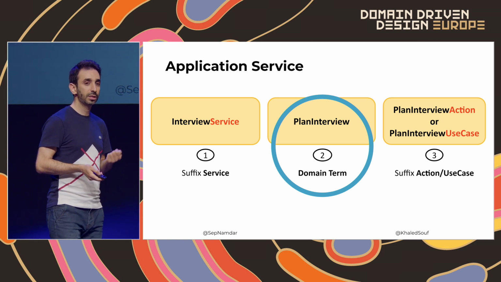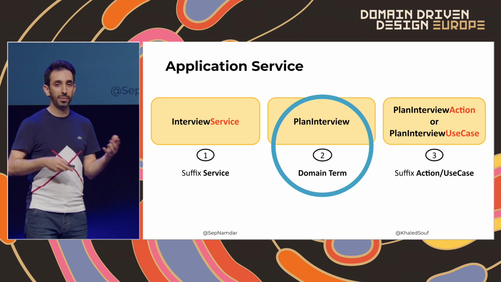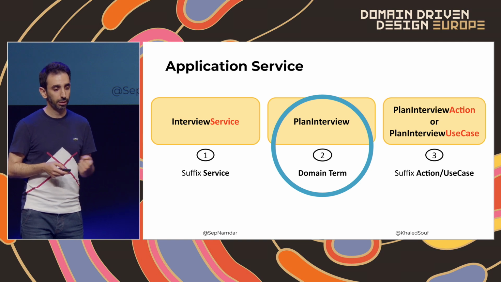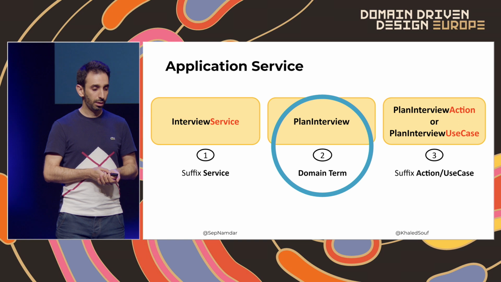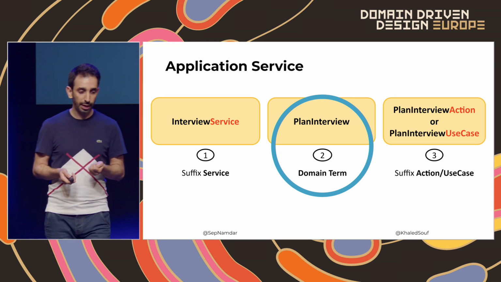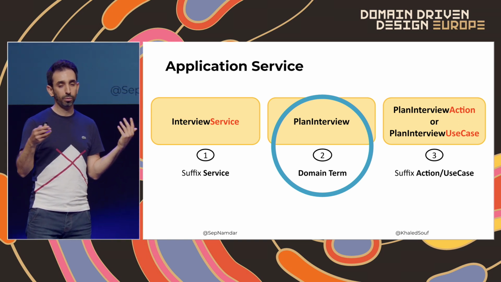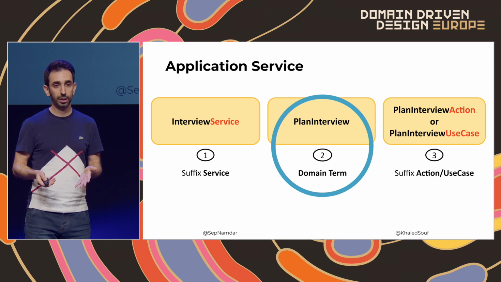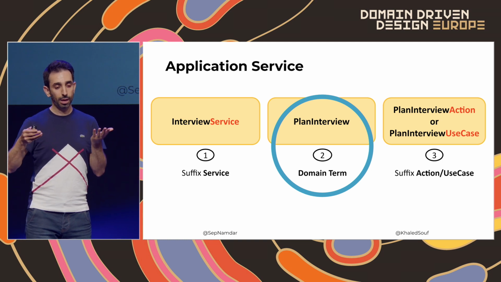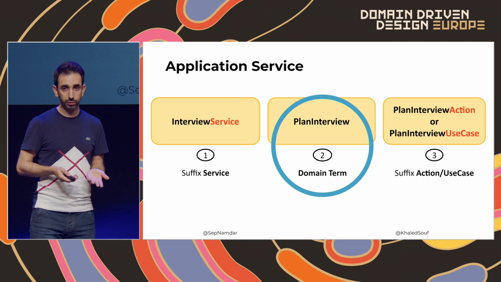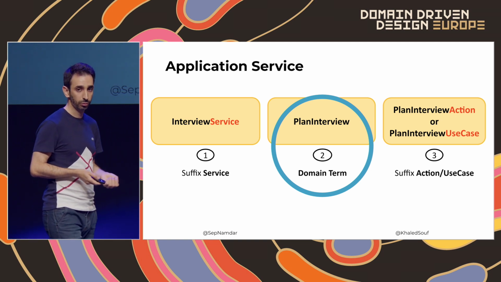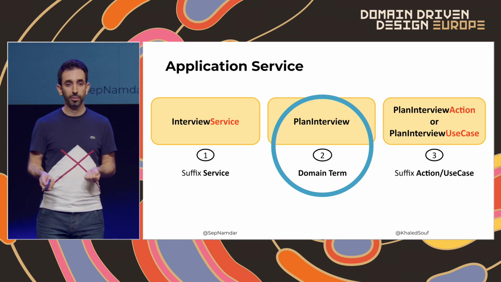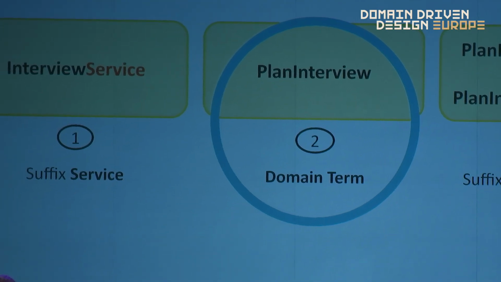The first one is a kind of disinformation because we have many kinds of services. For example, when we do DDD, it's not really specified. And as I put all my use cases in a package named action or use case, it's redundant to add action and use case as a suffix to the name of my application service.